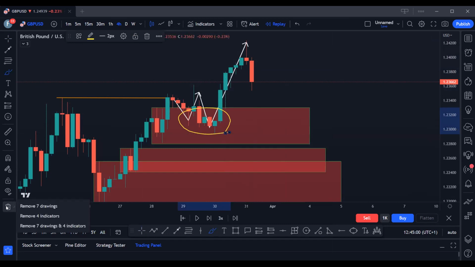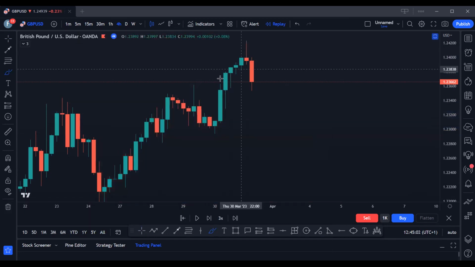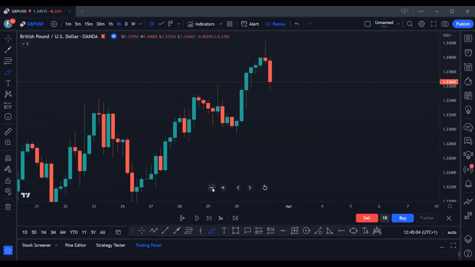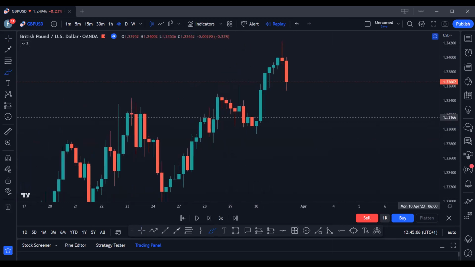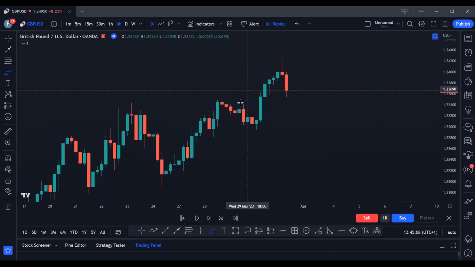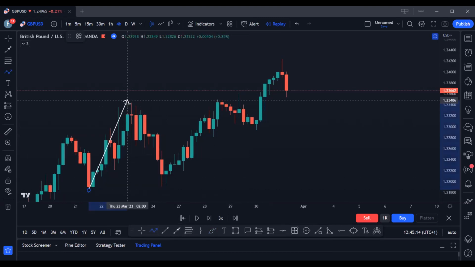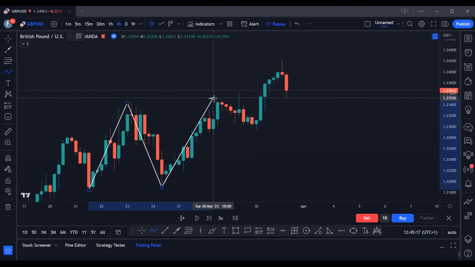Okay, now we have a new high. We have a new high like so. So that means price is still in an uptrend, isn't it? So this is structure. You can see impulse, correction, impulse, correction, impulse.